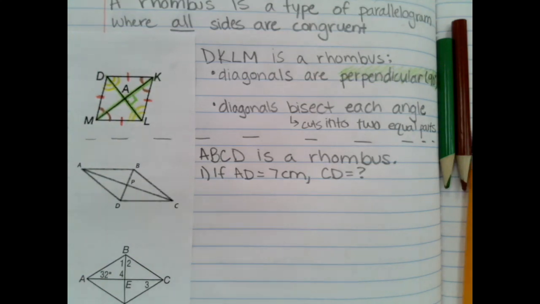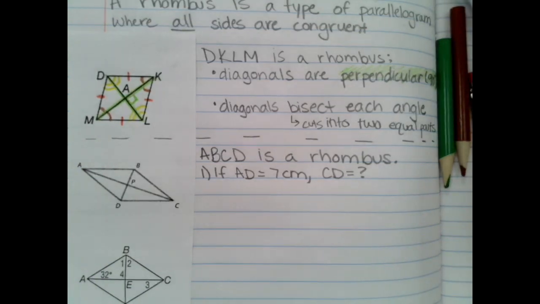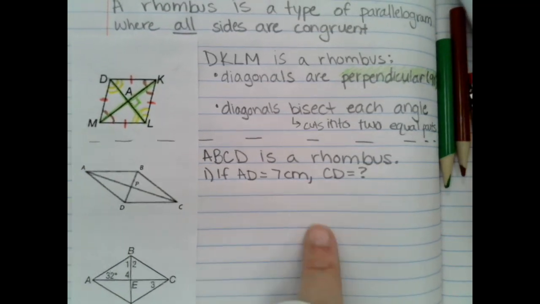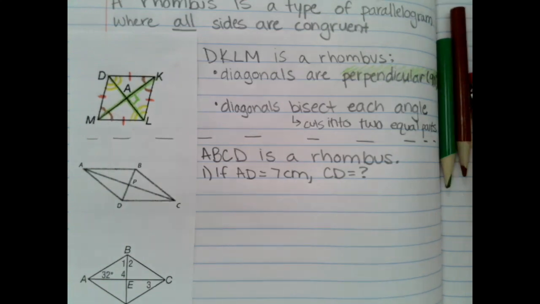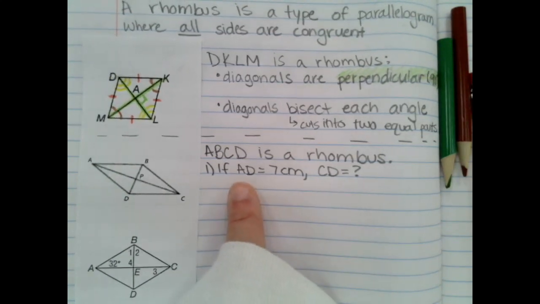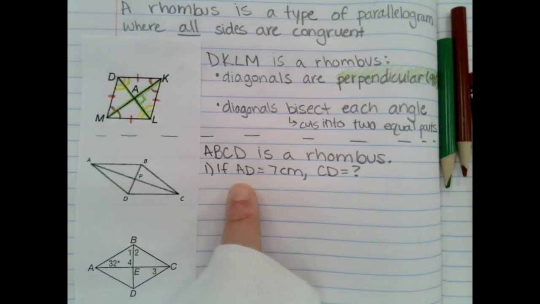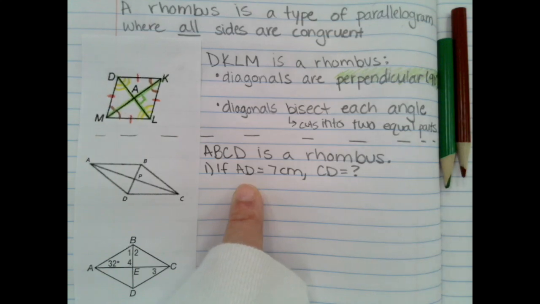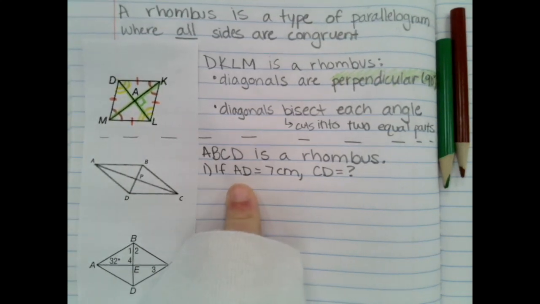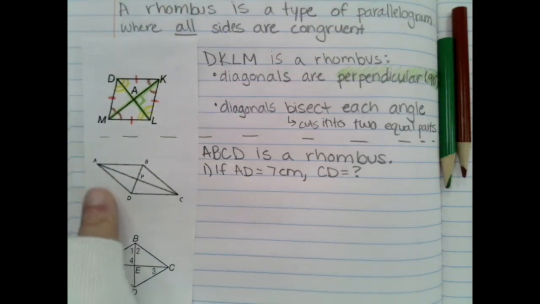So first, take a moment to locate where those are on the diagram. Where is AD? Is it a side or a diagonal? Is A to D a side of the rhombus or the diagonal of the rhombus? It's a side, A to D, that's 7.